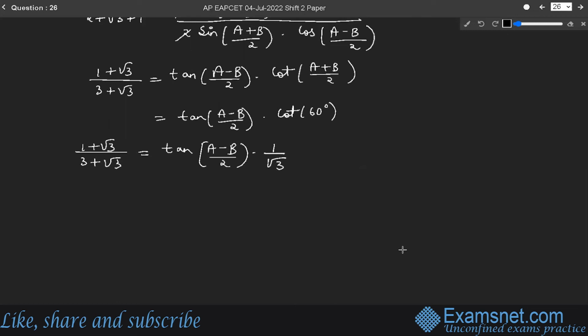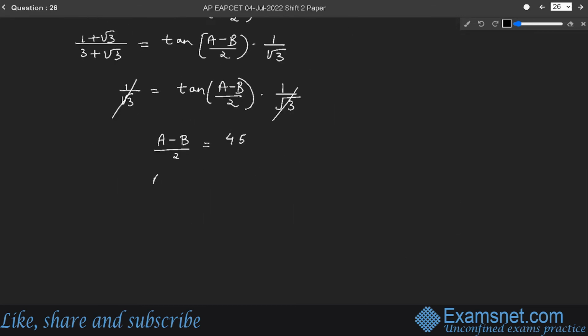So 1 by root 3 will be equal to tan of A minus B upon 2 into 1 by root 3. So from here, you can see that on both the sides, there is 1 by root 3. So 1 by root 3 and 1 by root 3 will be cancelled. So the term will be tan of A minus B upon 2 is equal to 1, so A minus B upon 2 is 45.